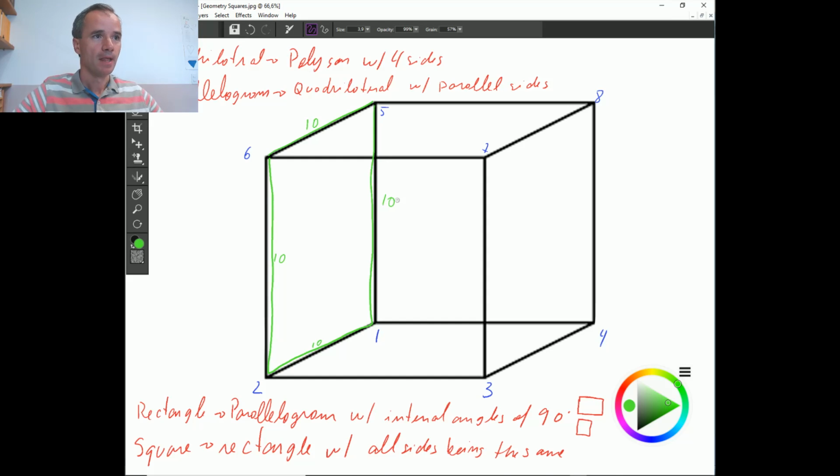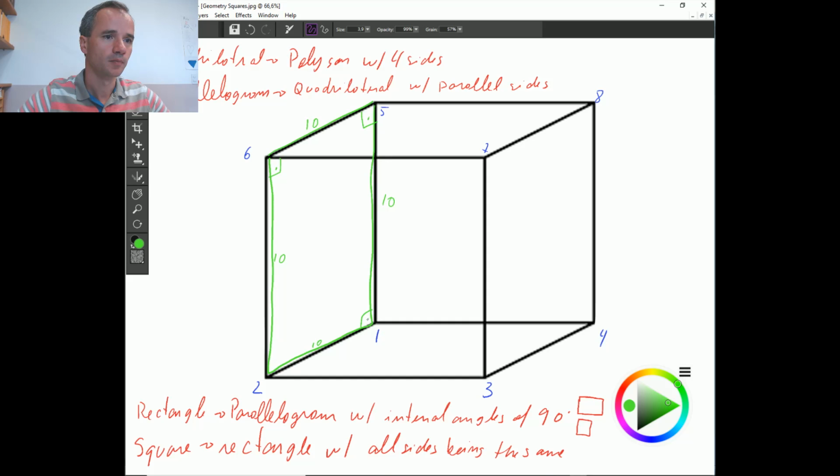Again, is this a quadrilateral? Yes, because it has 4 sides. Is this a parallelogram? Yes, it is, because the sides are parallel. We know that. Everything is parallel in a cube. Is it a rectangle? Yes, because all the internal angles are 90 degrees. You see?